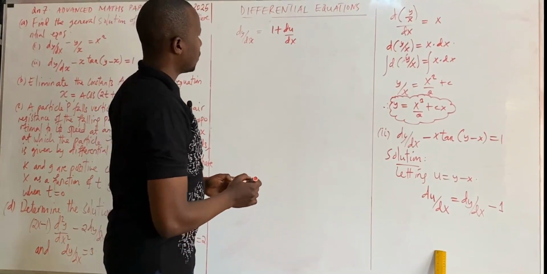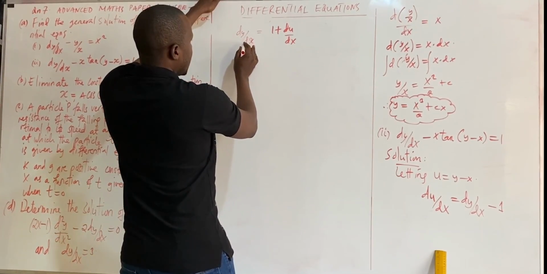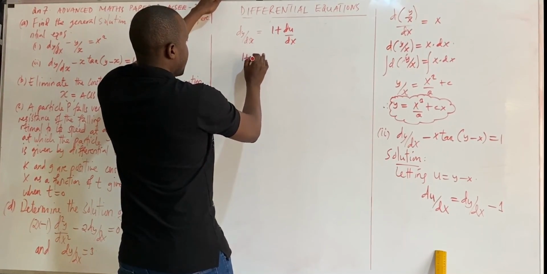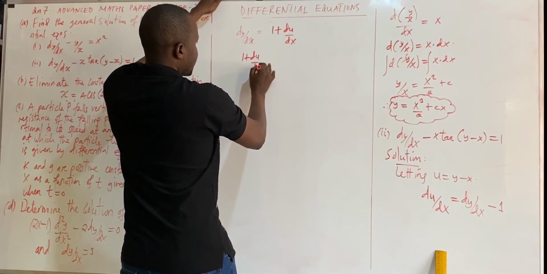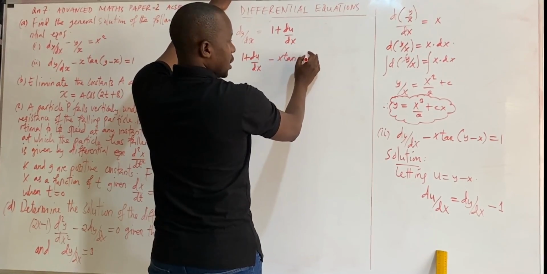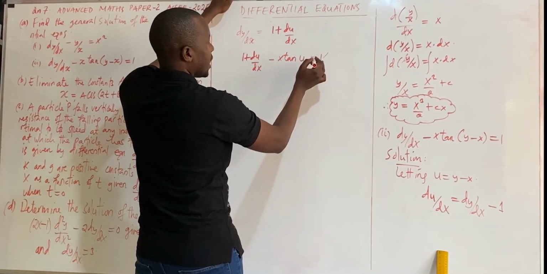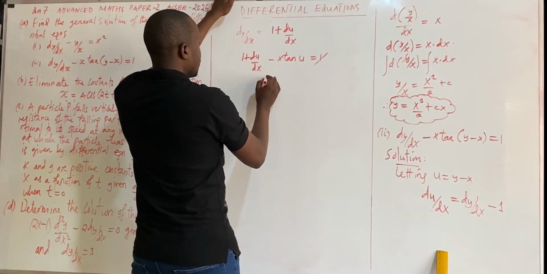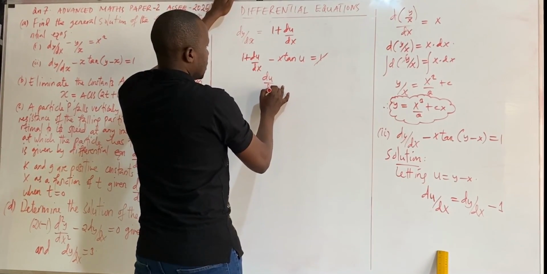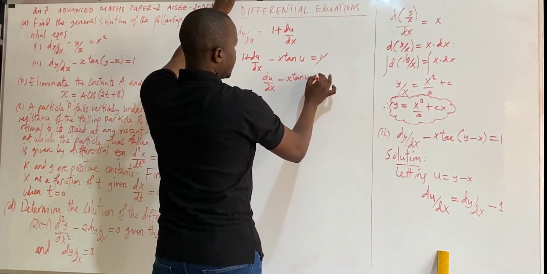Up to that point, we go back to the original differential equation, where dy/dx, now we put 1 plus du/dx, minus x tan u, equals 1. So this 1 and 1 cancel out. We have du/dx minus x tan u equals 0.